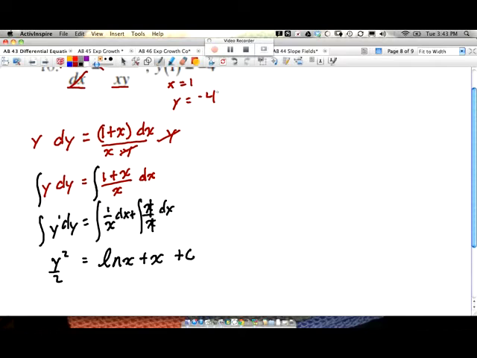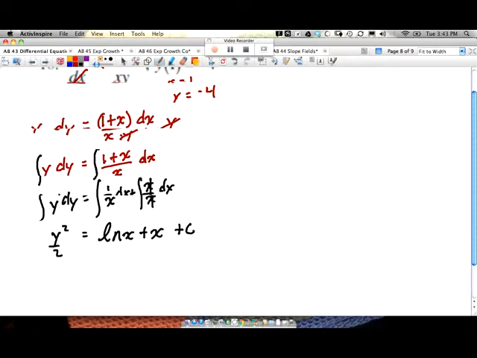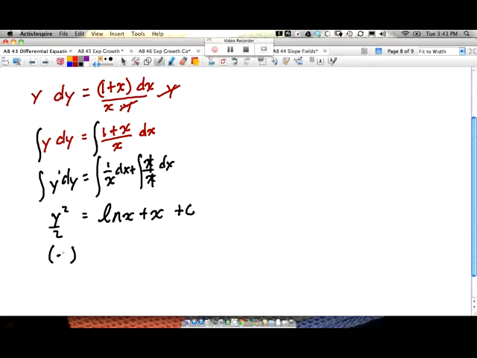All right, so where are we at now? We have x is 1, y is negative 4. That means that I'm going to have negative 4 squared divided by 2 equals natural log of 1 plus 1 plus c. Let's simplify this.